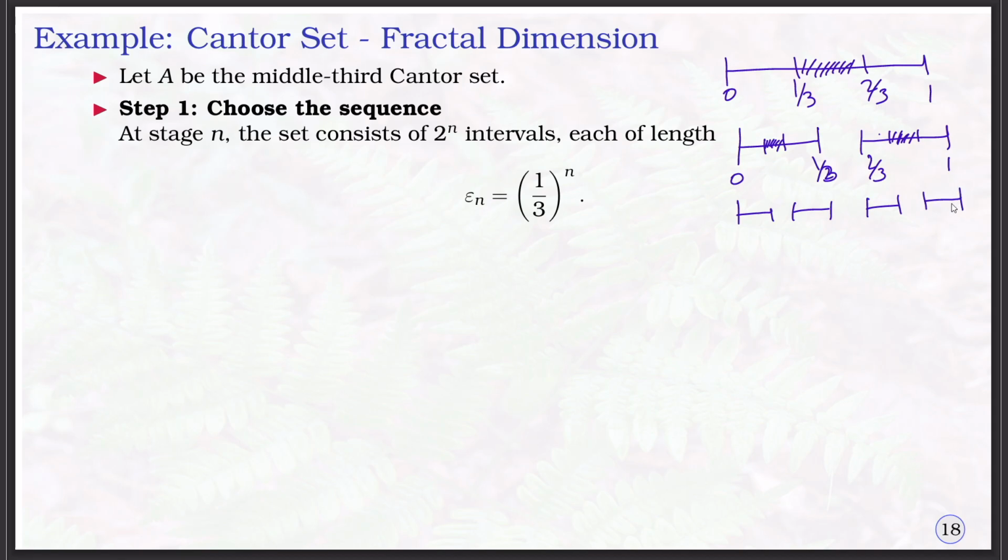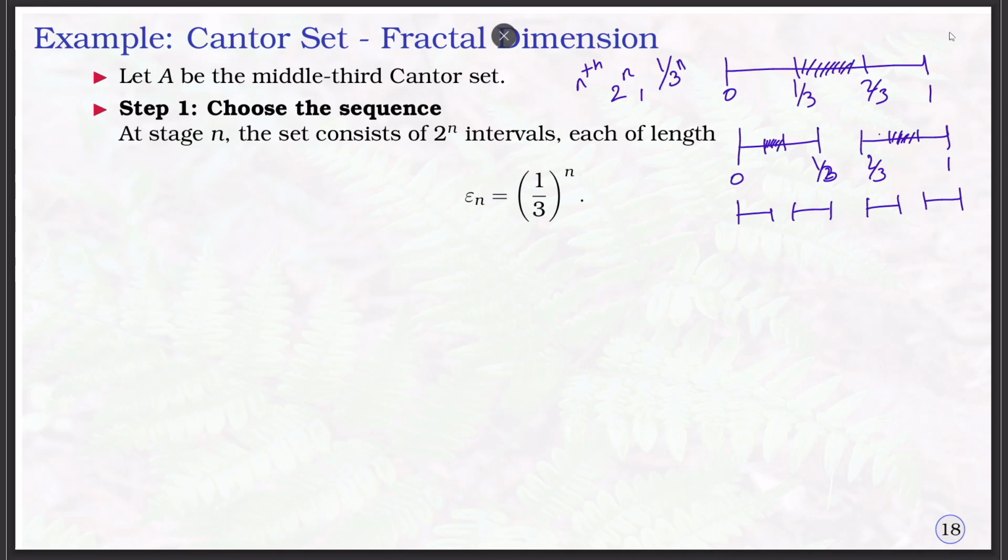So, understand that after each iteration, 2 power n intervals are produced, each with length 1 by 3 power n. That means after the nth iteration one can get 2 power n intervals, each of size 1 by 3 power n.